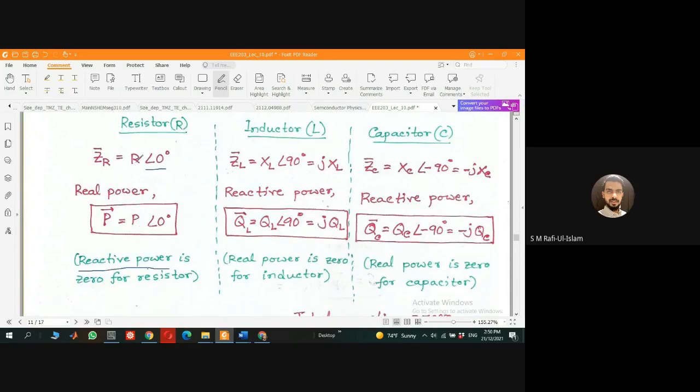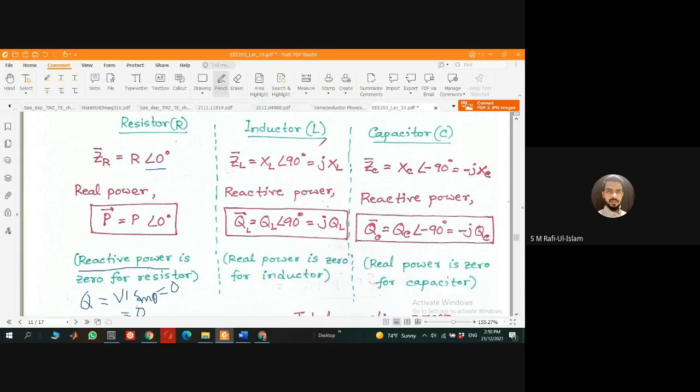The formula is Q equal to VI sine theta, right? If I put theta equal to 0, the whole thing goes to 0. That's why a resistive circuit does not draw any reactive power.